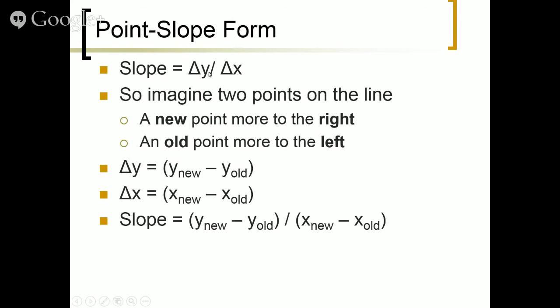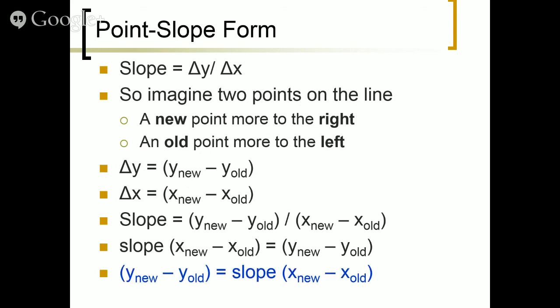So up here, you've got delta y over delta x, and we've defined what those mean. Where delta y is, you can just plug that in, and where delta x is, you can just plug that in, and we end up with this little equation here. So if the slope is equal to that, then slope times delta x is delta y, right? So that works out.